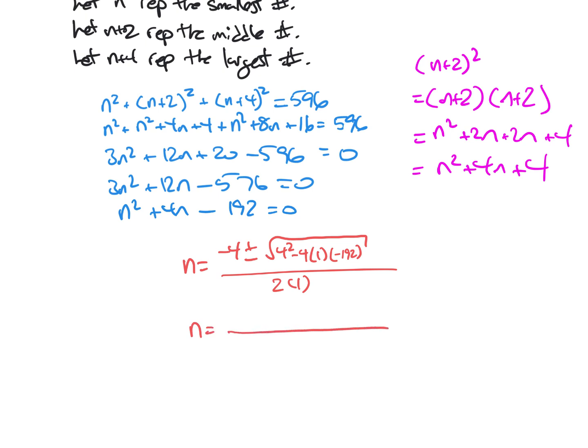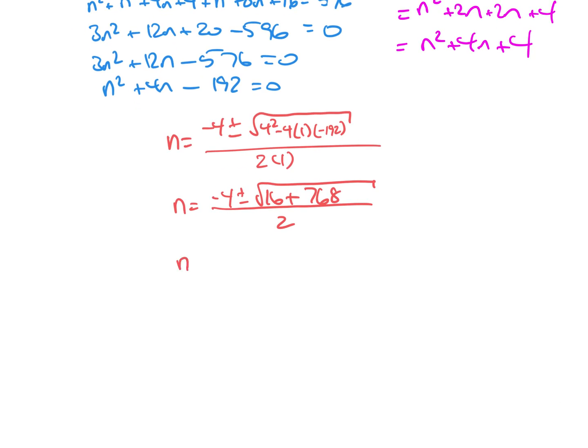So negative 4 plus or minus the square root of 16 plus 768, over 2.